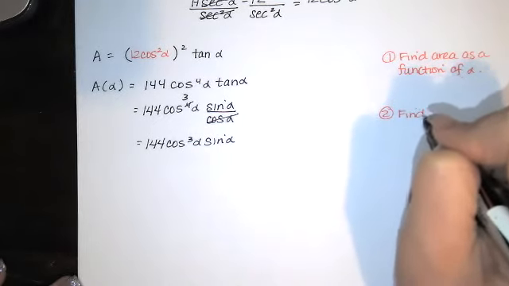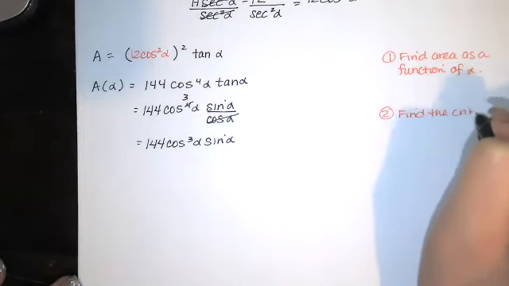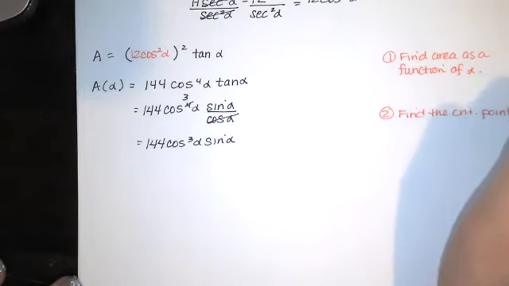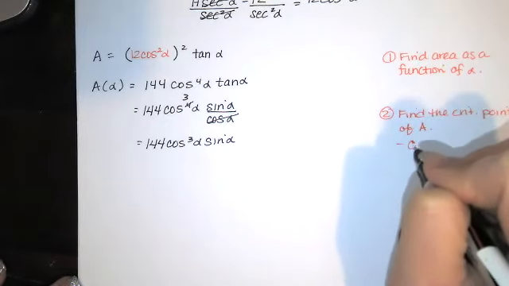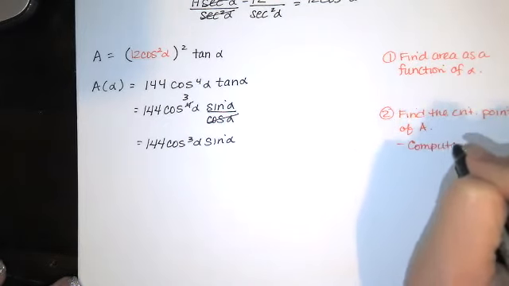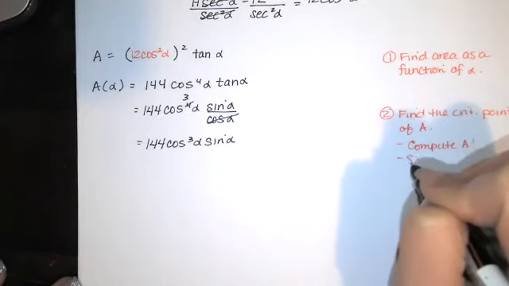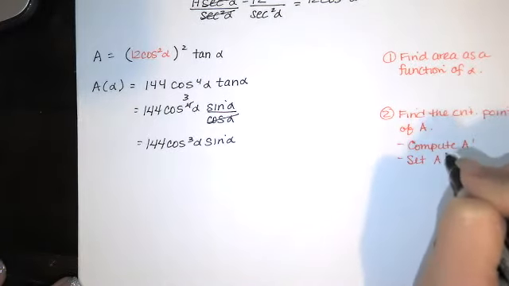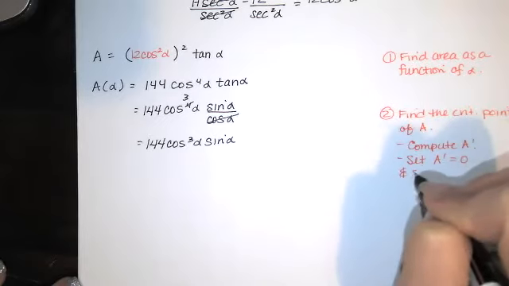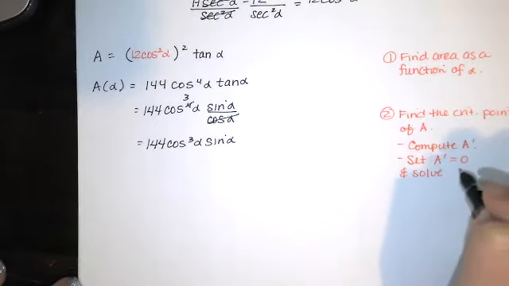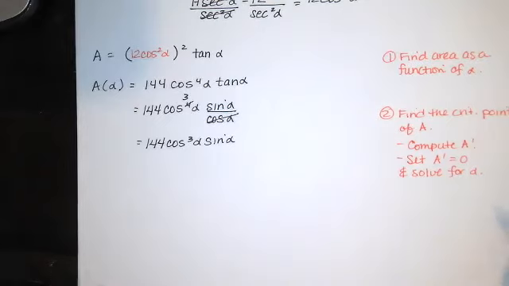So we want to find the critical points of A by computing the first derivative, setting the first derivative equal to 0, and solving for alpha. And of course, we only want to include those values of alpha that are in the implied domain that makes sense for our problem.